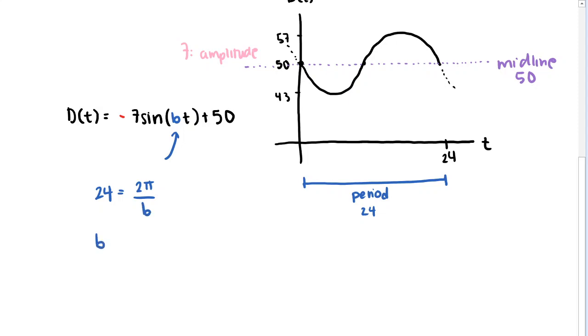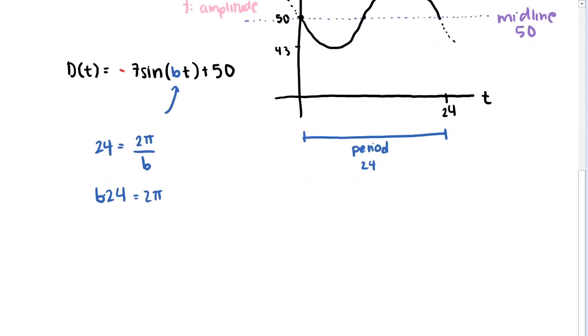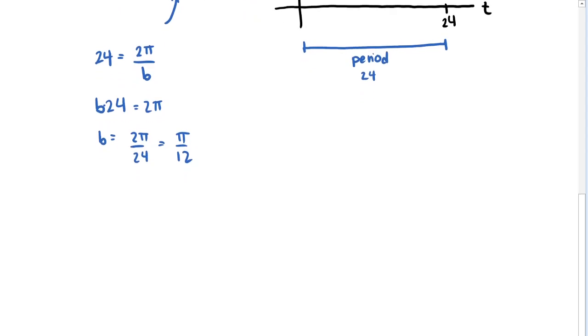Multiplying both sides by b and dividing both sides by 24, I get b equals 2 pi over 24, and that's the same as pi over 12. So I can rewrite this function as d of t is equal to negative 7 sine of pi over 12 times t plus 50. This is one way we can write an equation that models the scenario we're given.